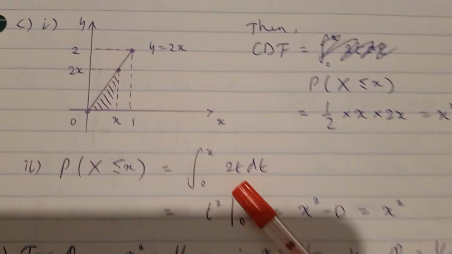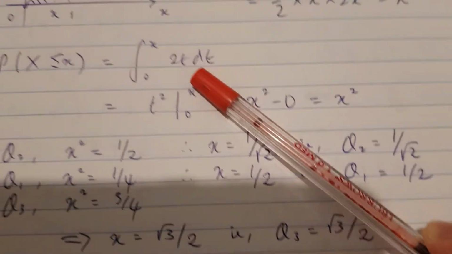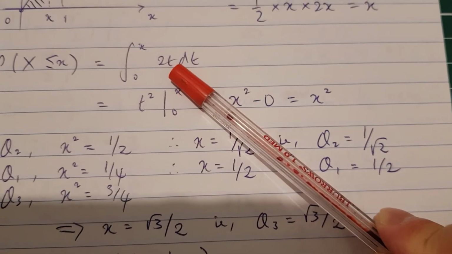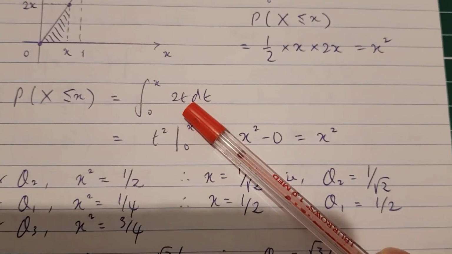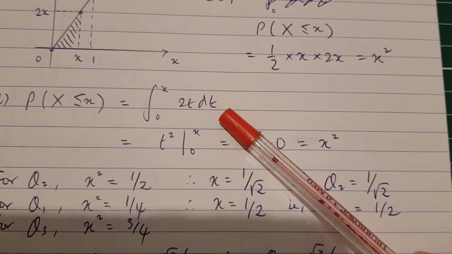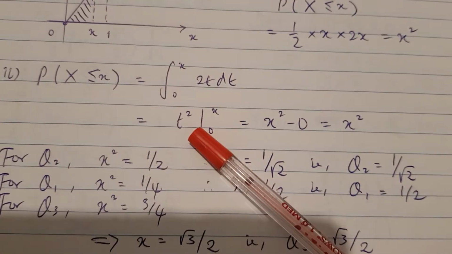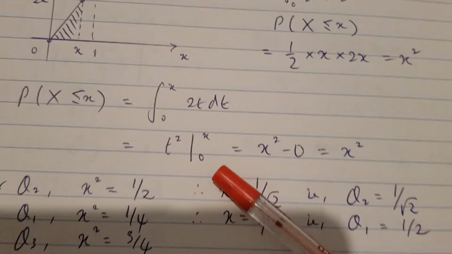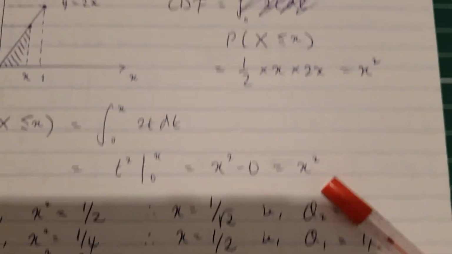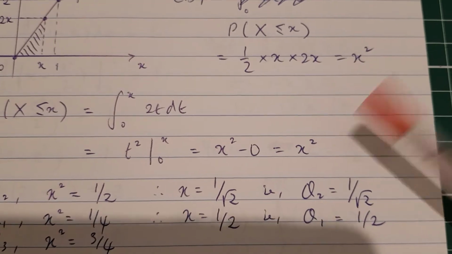And instead of 2x, you now have to put 2t, because t is the third variable that you need to use for the integral definition. So this becomes t squared, evaluated from 0 to x, and that gives you x squared, which happens to be the same, which should be the case anyway.